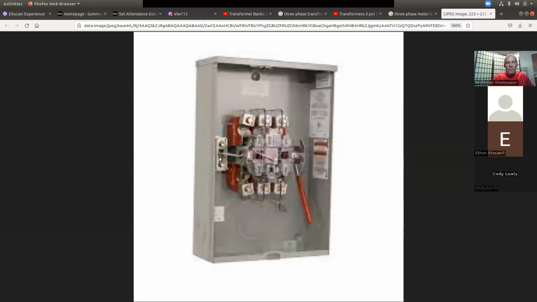This is neutral. This is A, read it like an alphabet. This is A phase. This is B phase. This is the power leg. The power leg always goes on the far right-hand side, whatever meter base you wire that has 4 wires. Your power leg always goes to the far right-hand side.